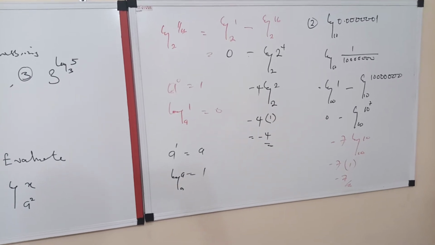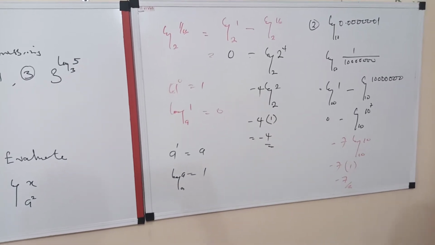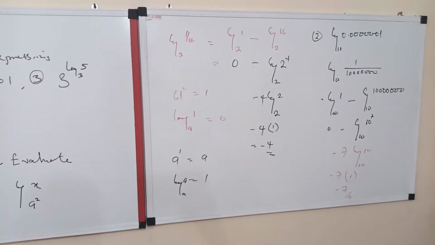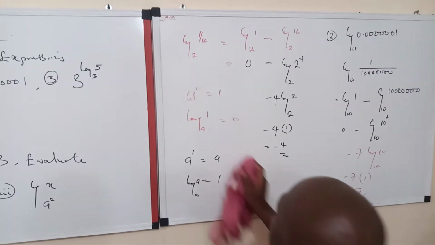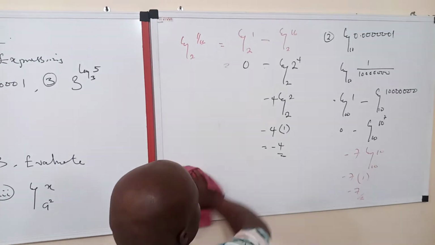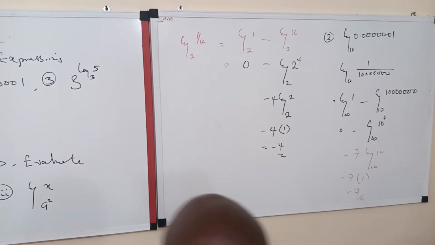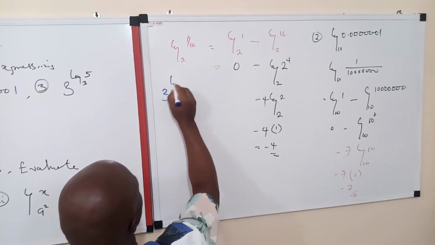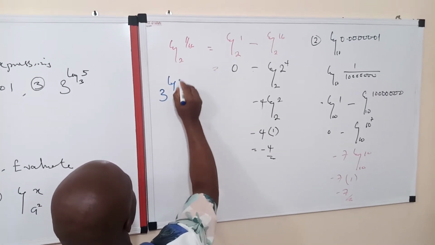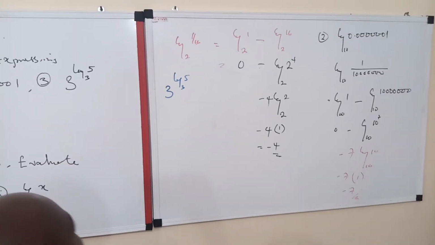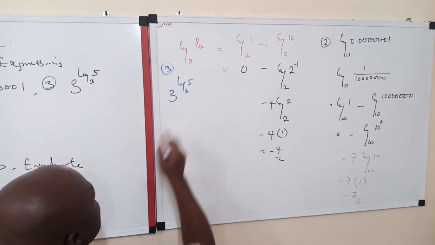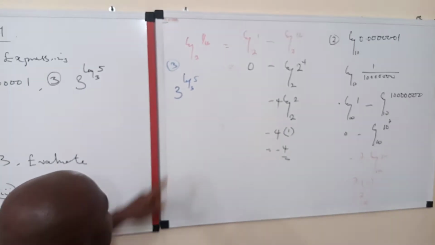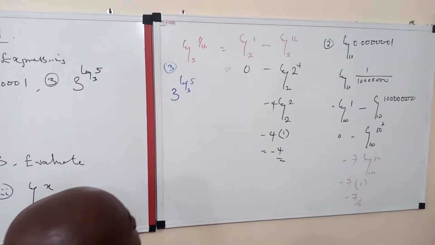We can also go ahead determining that of 3. This one is also a simple case, it's also a trivial case that we can also just solve through. If we have 3 log in base 3 of 5, if we can remember in the other case, we have said if it is like this, the answer is just simply that stuff.